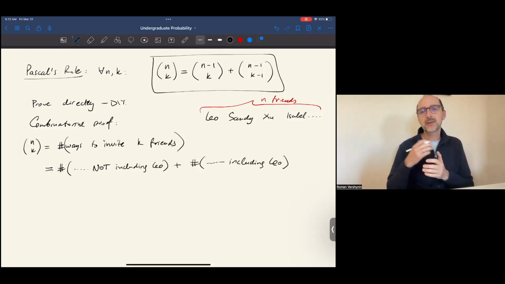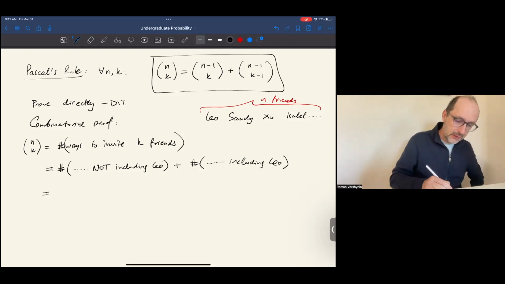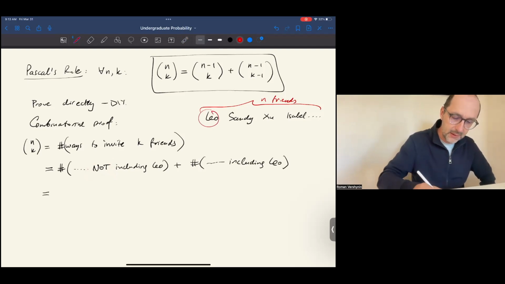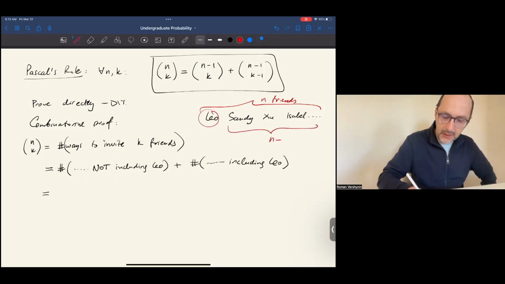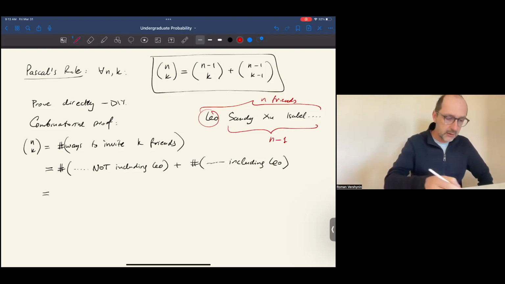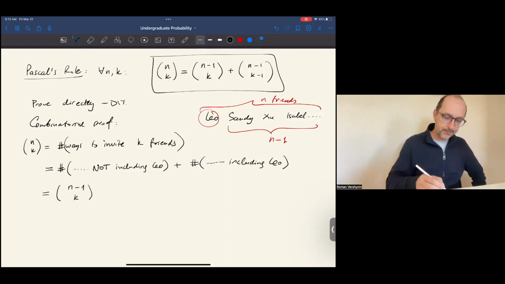In one, we invite Leo. In the other, we don't invite Leo. How many ways are there to invite k friends, not including Leo? In this case, if Leo is excluded, then we just have n minus 1 friends, really. We just say Leo is not our friend, so he's not going to be invited. So the number of ways to send out invitations will be n minus 1 choose k, because now we're choosing from n minus 1 friends.